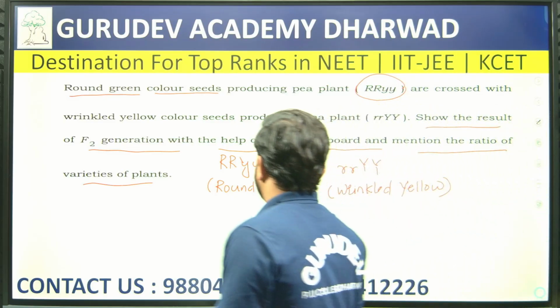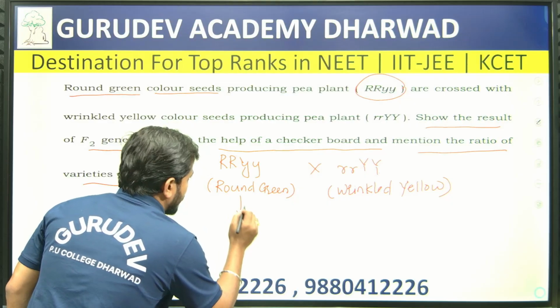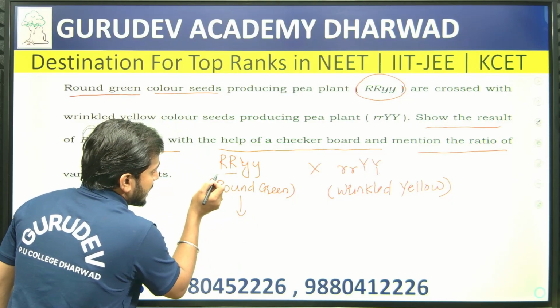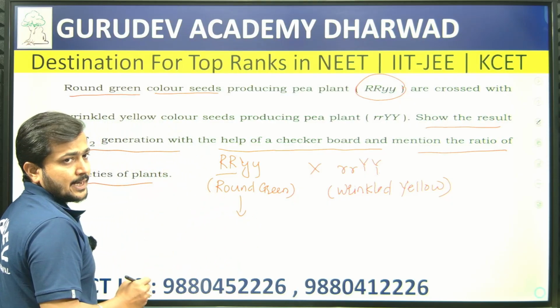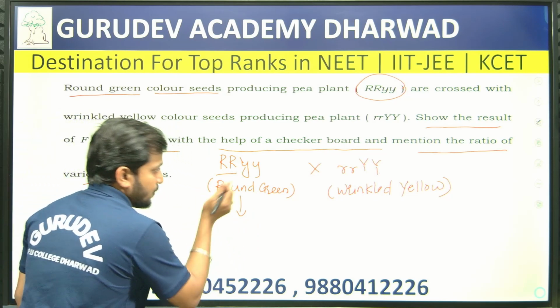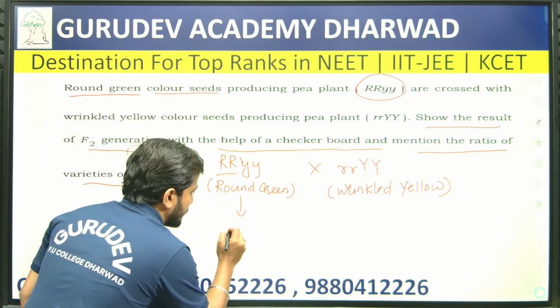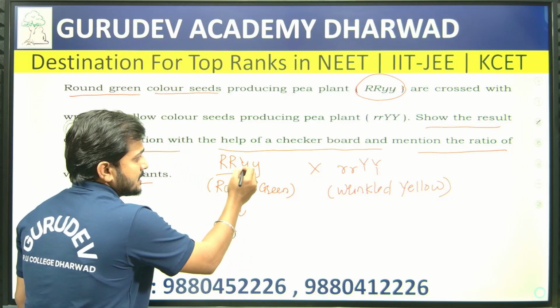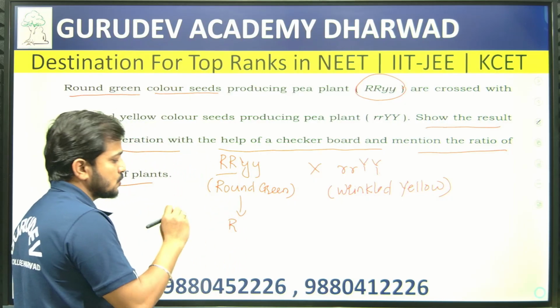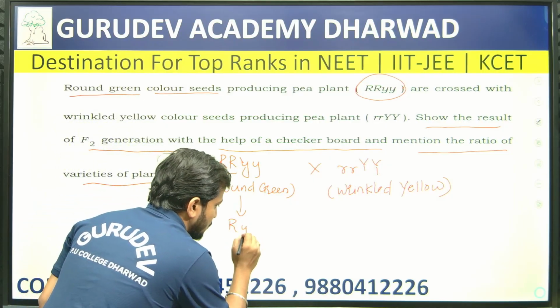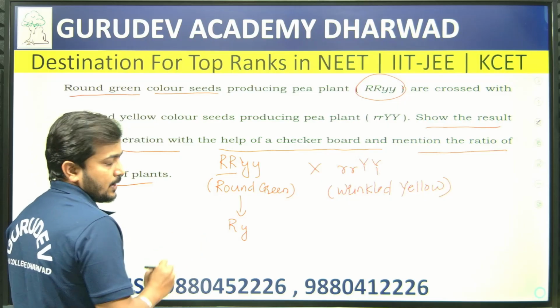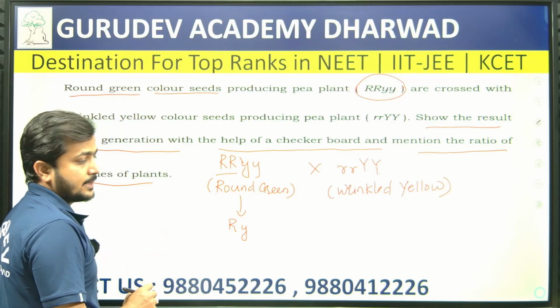In the F1 generation, consider both conditions. If I consider round, this is homozygous. If it is homozygous, as I explained before, it is going to produce only one type of gamete. This is small y, also homozygous, so it produces one type of gamete.